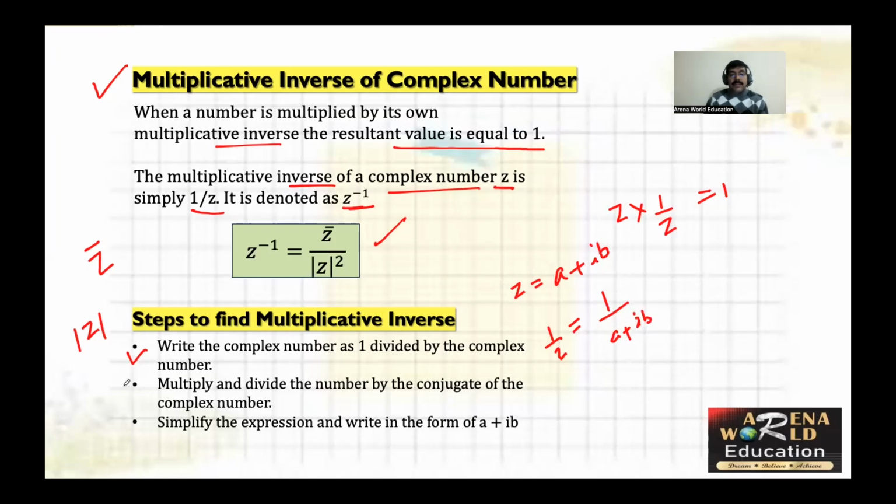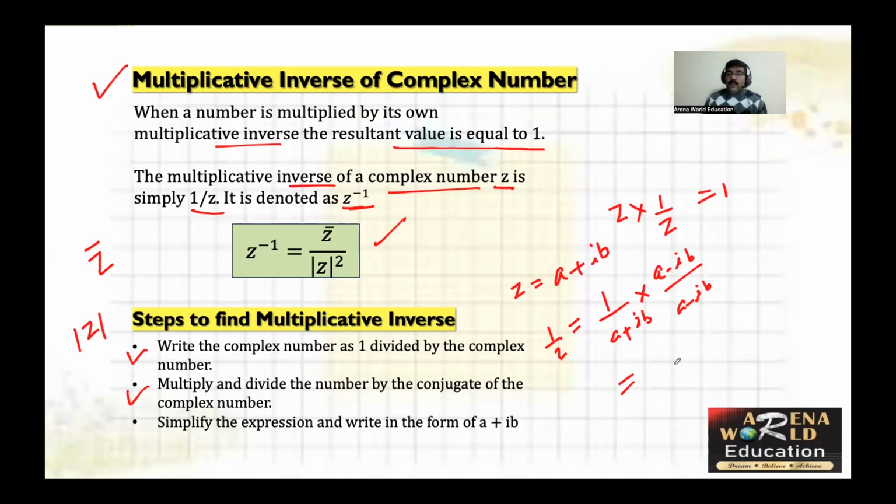What will be the next step? Multiply and divide the number by the conjugate of the complex number. So what is the conjugate of a plus iota b? It will be simply a minus iota b, and we multiply and divide by it. Now we will multiply the numerators.